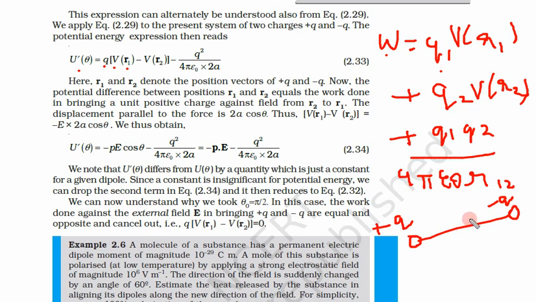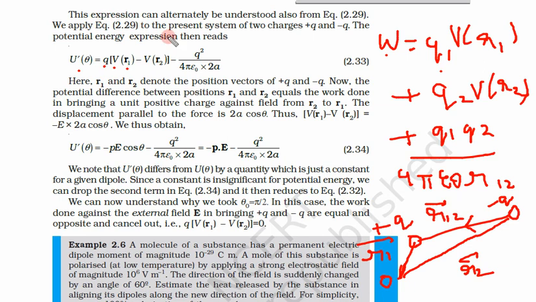There is some origin, this is the origin, this is r1, this is r2, and the distance between them is r12.